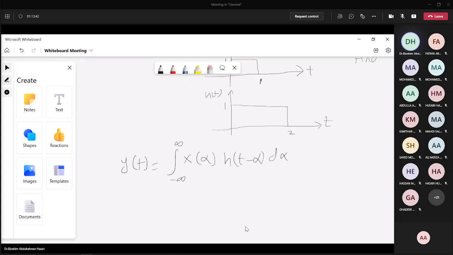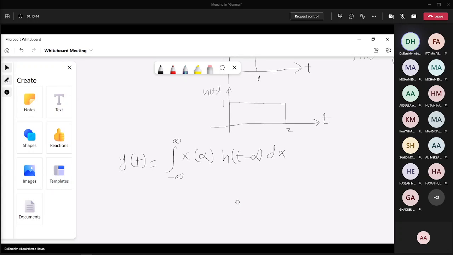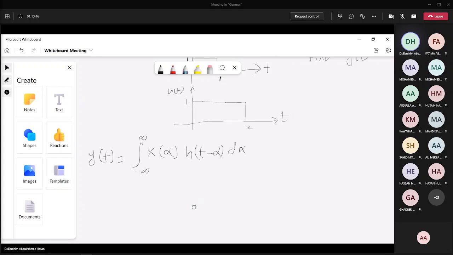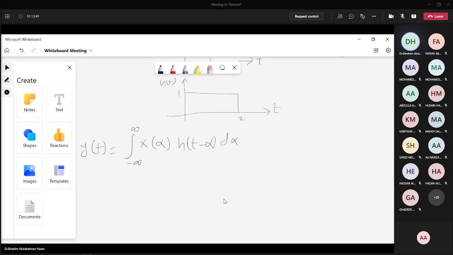So fix the first one. Okay, x of alpha, so it will be exactly the same. This is alpha, and this is x of alpha. This is 1, and of course the rest is all 0. And here it is equal to 1. Okay, what about h of t minus alpha?